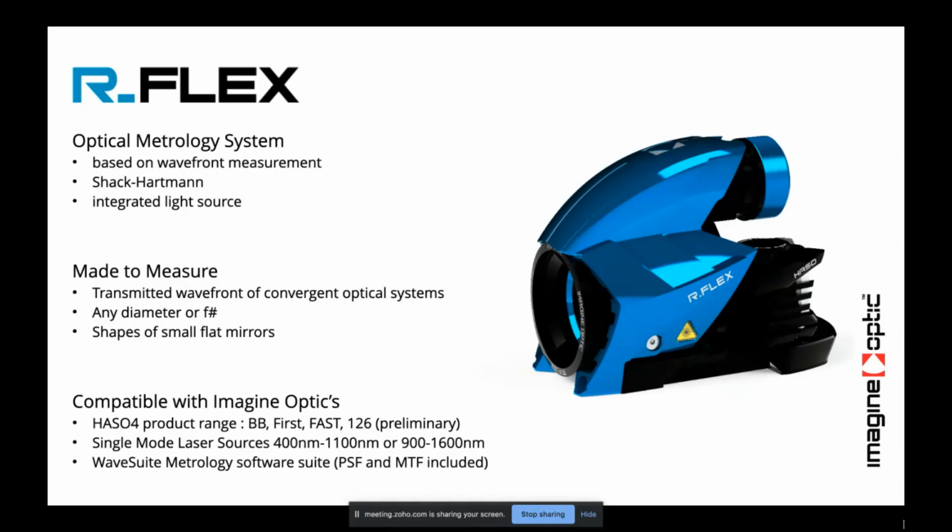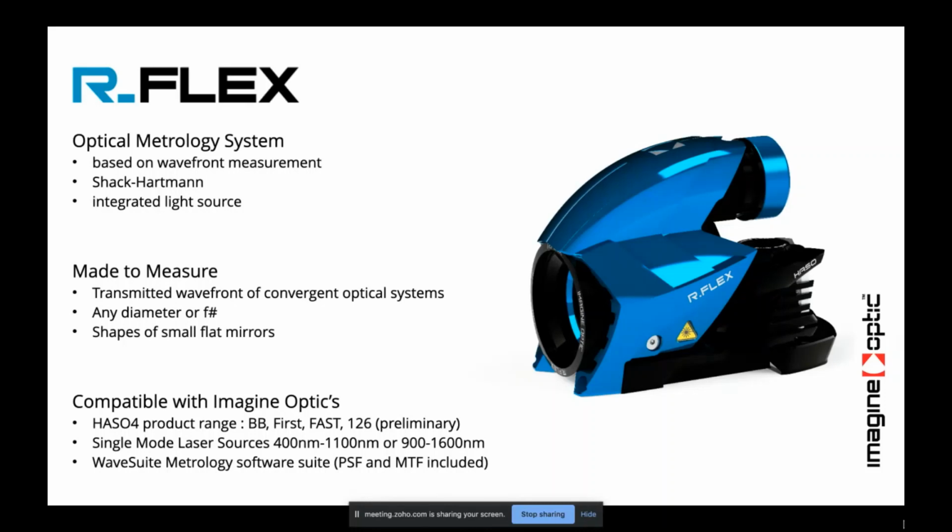We have also another product which is called R-FLEX SWIR, dedicated to SWIR measurement from 900 to 1600 nanometers. Of course, on this device, we use InGaAs camera and again, the Shack-Hartmann sensor based on InGaAs camera. This device is, of course, compatible with our WaveView, which is our main metrology software, which include PSF and MTF.